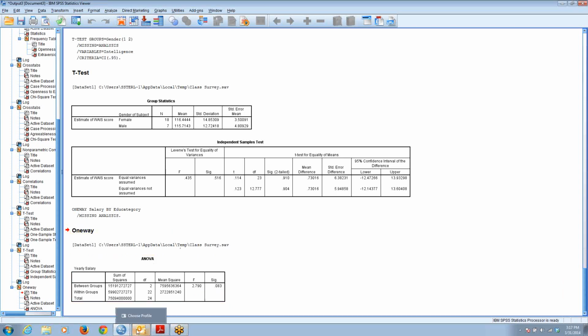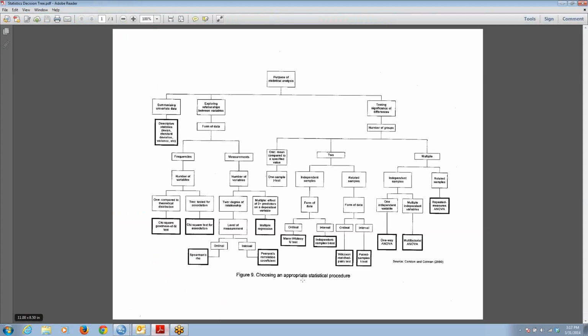Now, that is our one-way ANOVA, and now I'm going to go to a multifactorial ANOVA, which just means that you have more than one independent variable.